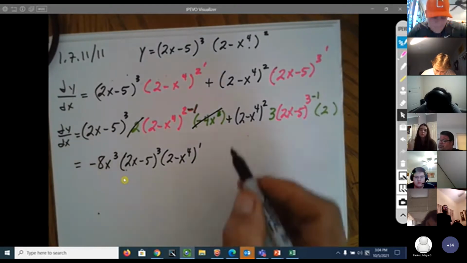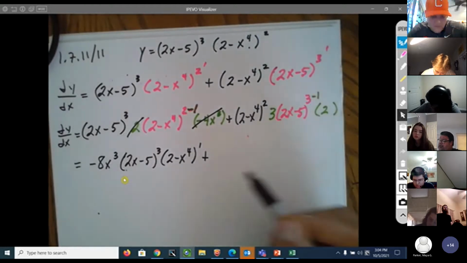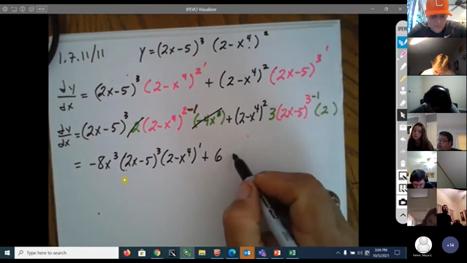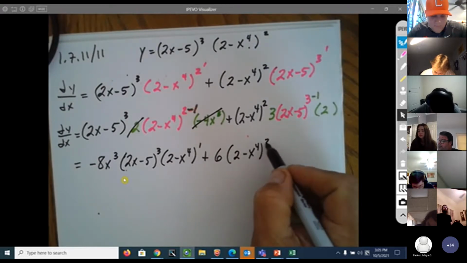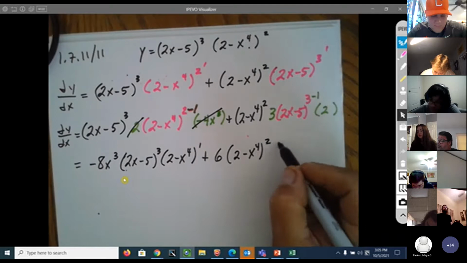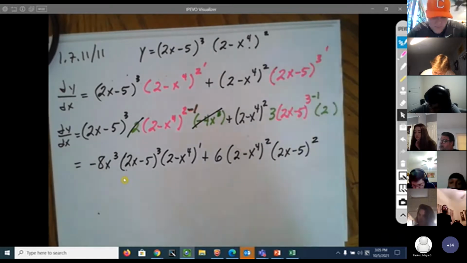And plus, that 3 and that 2, that's 6. (2 minus x to the 4th) to the 2nd power times (2x minus 5) to the 2nd power.